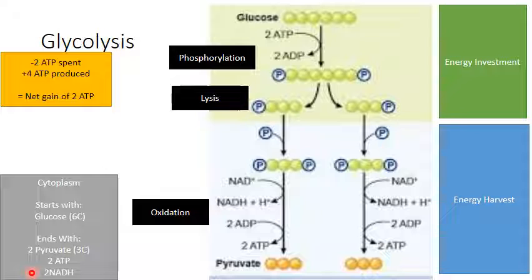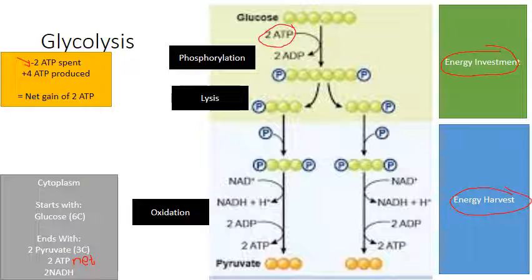And actually, I'm looking at this here and I see a problem in my own answer key down here. So I'm not making 2 ATP. I need to say that I have a net gain of 2 ATP. And that is because we had both an energy investment phase and an energy harvest phase. So in the beginning here, I spent 2 ATP.